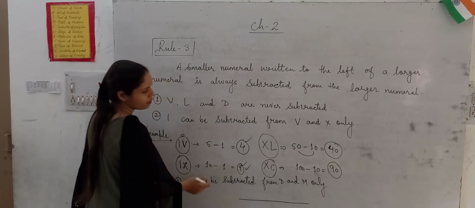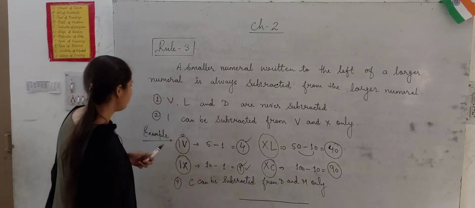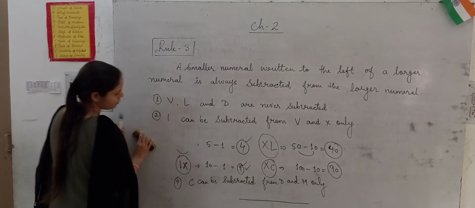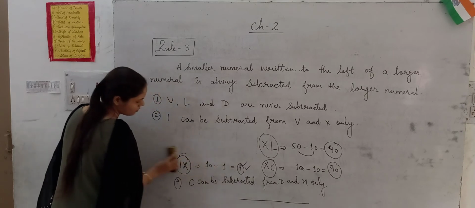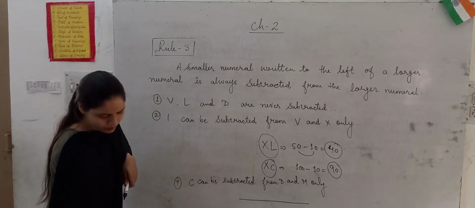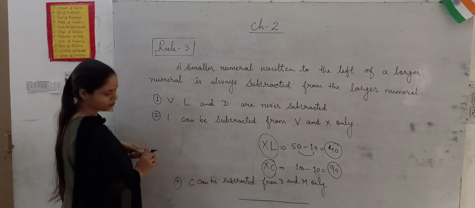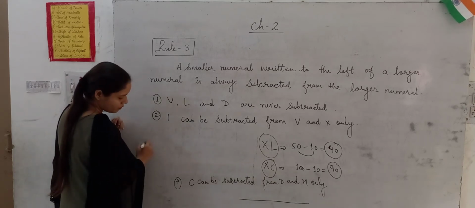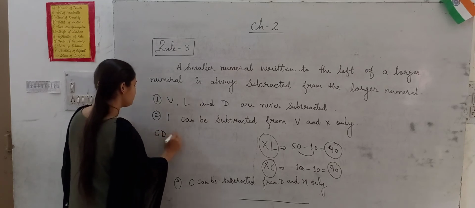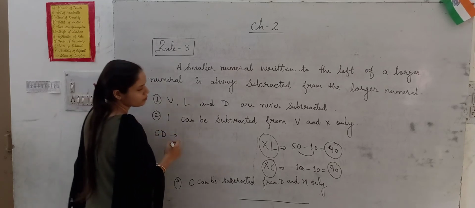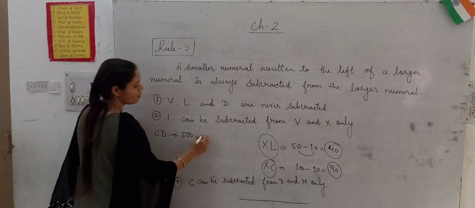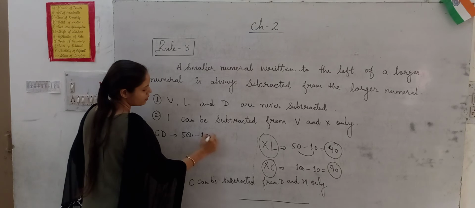For this point, we can show one more example. C and D. D means 500 and C means 100.